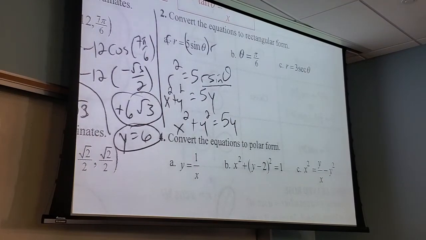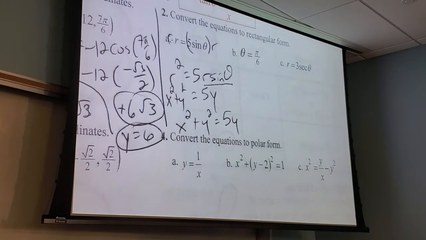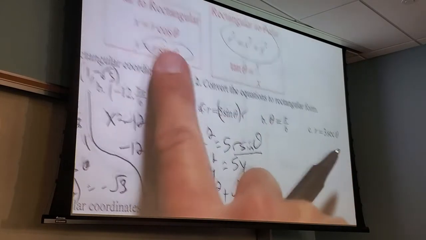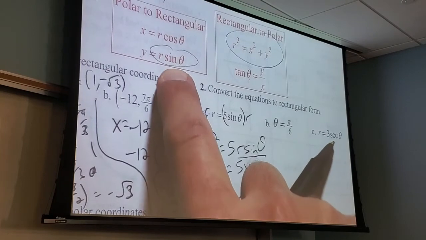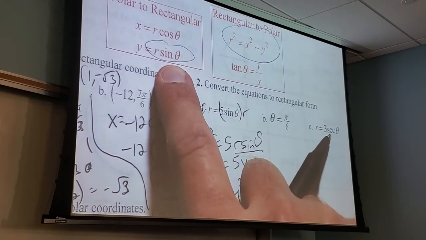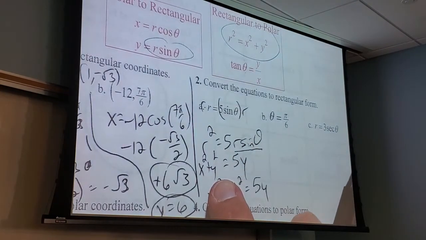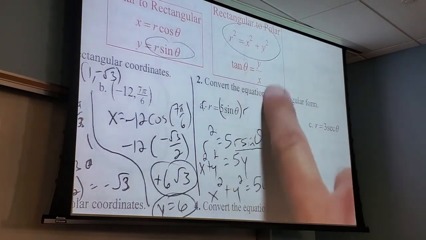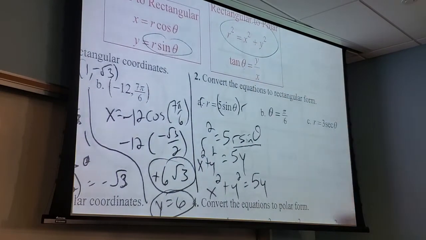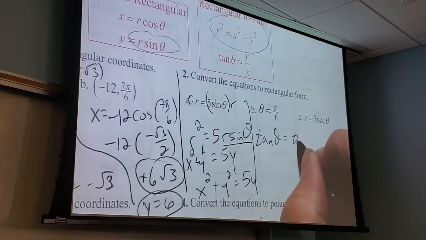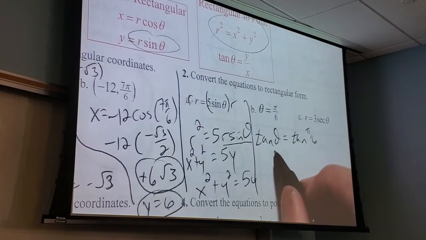Does anyone have this second one here, part B? It's a little bit weird. I could use this, I really could, but I'd have to understand how to. This doesn't really work directly. So, do you see this equation right there? If I take the tangent of both sides, what is tangent theta?